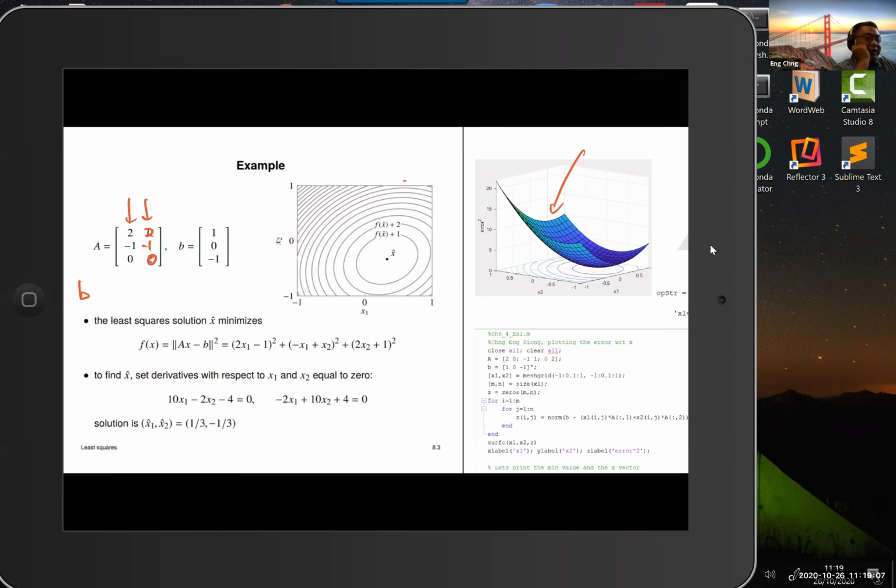Okay, maybe this is a homework exercise you can go and try, but it will look something like this. It is a valley. This is a valley. And anywhere you travel along this valley, the solution, the null space, the height of the error is the same.